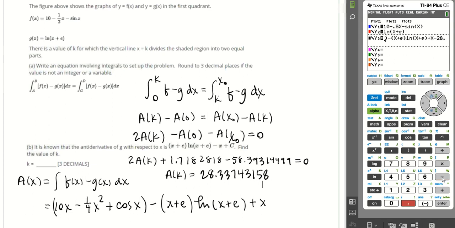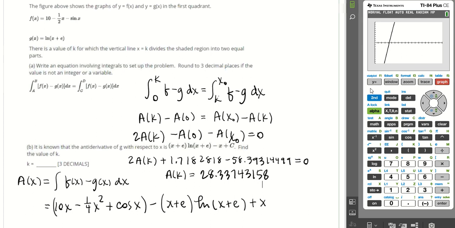So minus 28.33743158, and I think I might turn off these from graphing to make it go a little faster. Okay, there it is. That's where it happened. So I'm going to calculate 0. Looks like it's between 3 and 6. So I'm going to get 4.261.